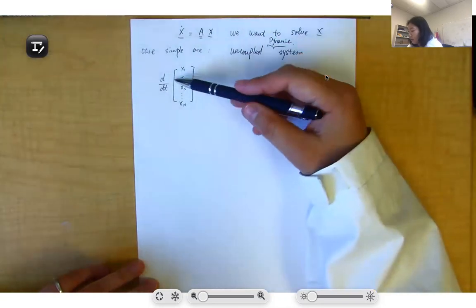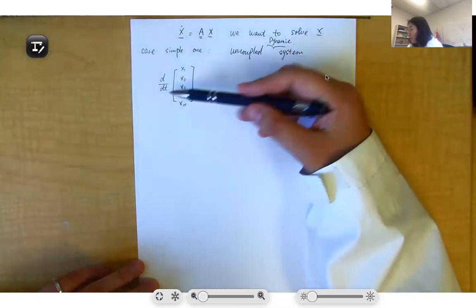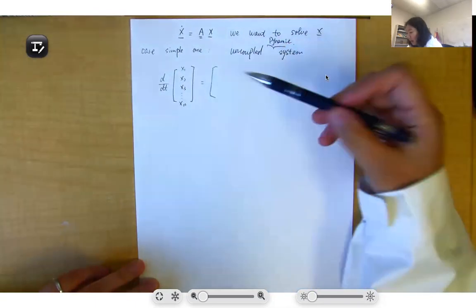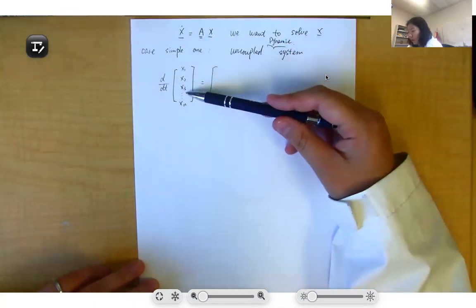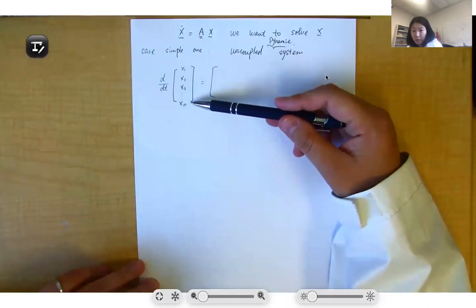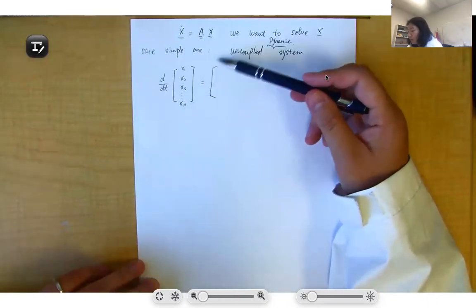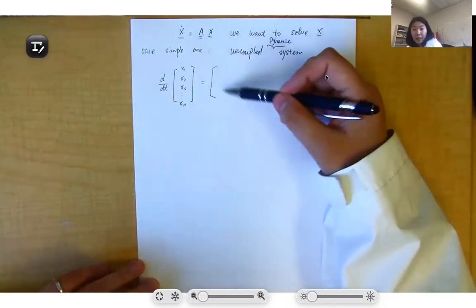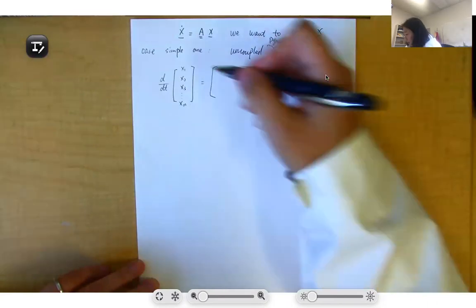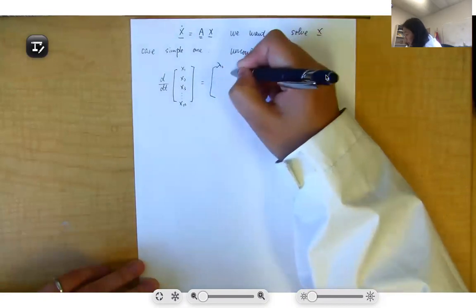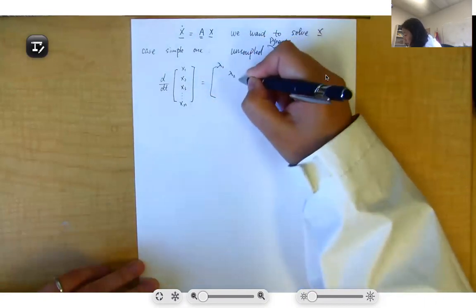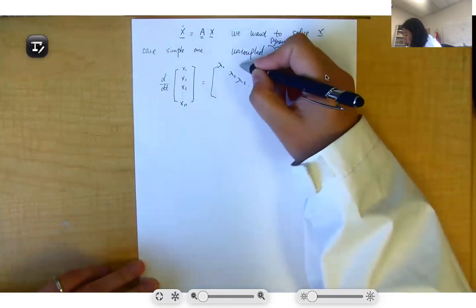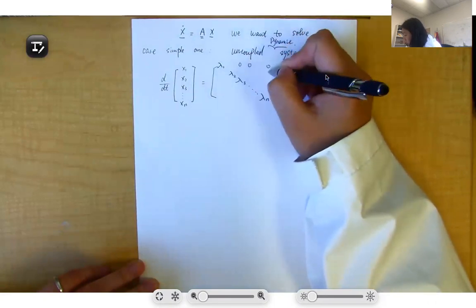Vector x differentiated by time is equal to a matrix. Uncoupled means that x1, x2, x3 to xn are not influencing each other, so the coefficients won't influence each other. That means we will have a diagonal matrix: lambda 1, lambda 2, lambda 3, to lambda n, and all the other entries will be 0.